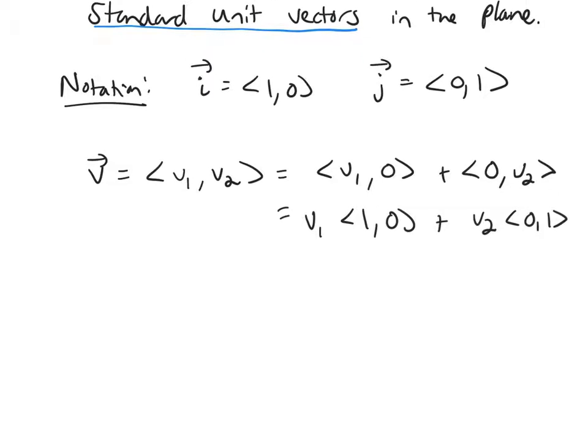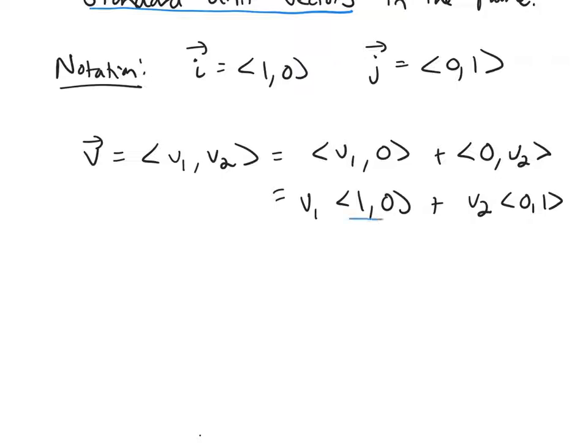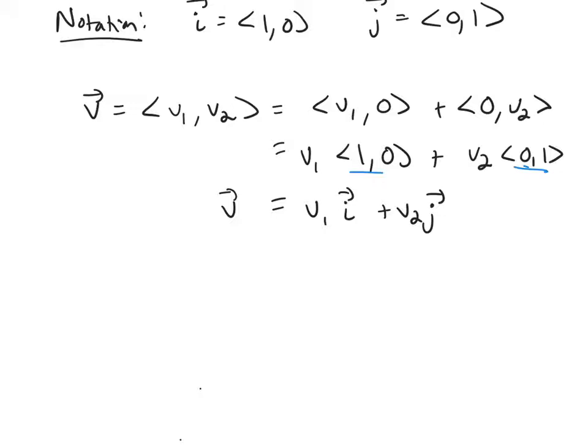And if you look, you'll notice that this is i and this is j. So I can write my vector v as v1 i plus v2 j. Sometimes these scalars, you might hear this v1 called the horizontal component, and this v2 would be called the vertical component.